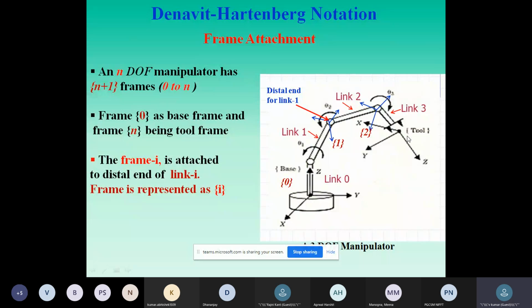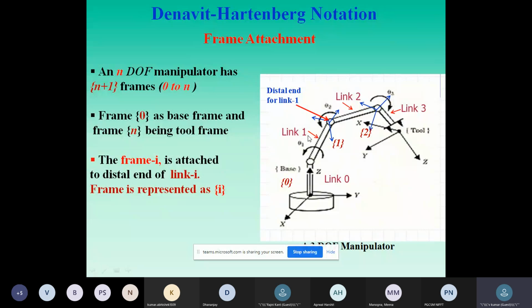The rest of the frames are moving frames. And another thing, in this convention, one question arises: in link 1, where can we attach the frame? At the starting, middle, or end? But in our convention, we attach the frame at the distal point of the link.